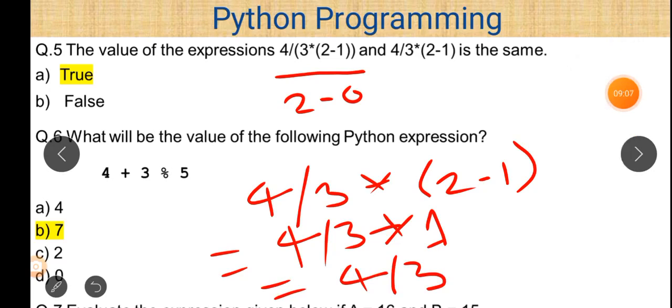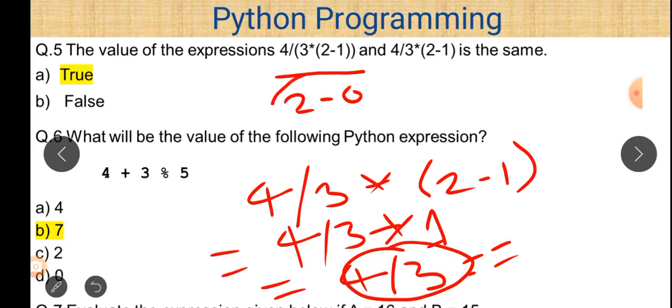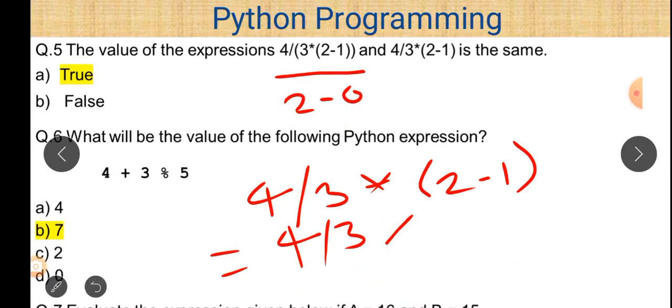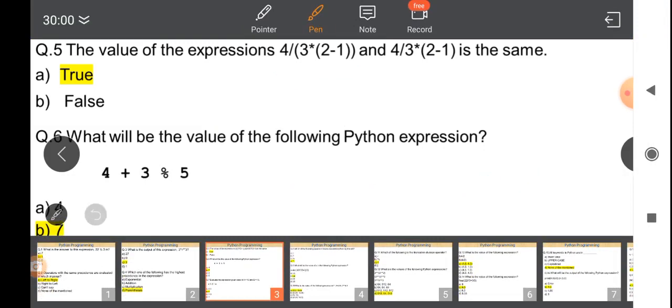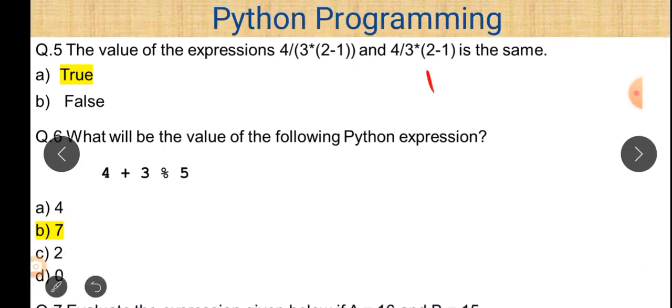So our answer is 4 divided by 3, and it is always in the form of a float value. I think there is a mistake in this part. Let us solve this part again. Here the answer is 4 divided by 3.